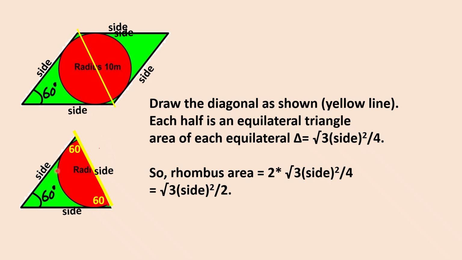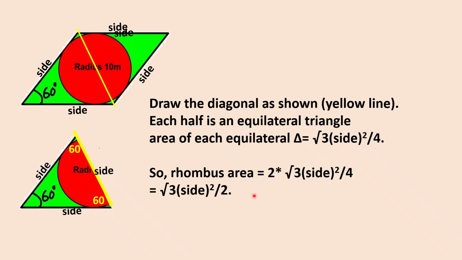So this is an equilateral triangle, and the area of each equilateral triangle is given by root 3 side square by 4. The full rhombus is made up of two such congruent equilateral triangles.